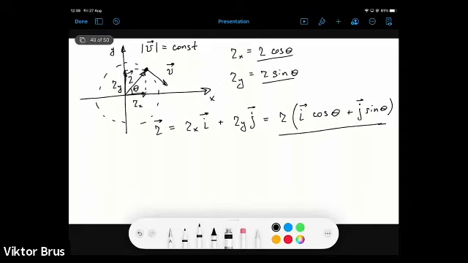If we want to take the second derivative of the radius vector, we need to introduce it in the form of a function of time. However, so far we don't have any time in this equation. So any ideas how we define this angle theta as a function of time?